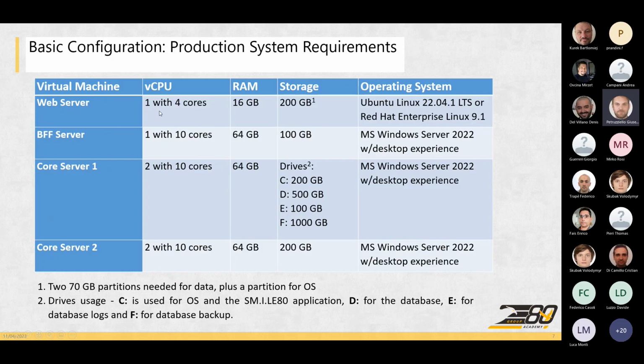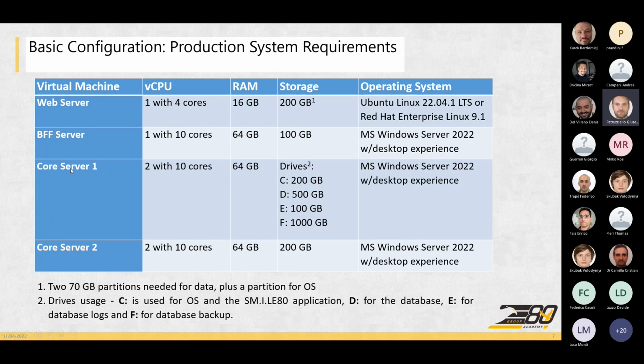About the resources, it's necessary to have at least one CPU with 4 cores, 16 gigabytes of RAM, and 200 gigabytes for the operating system, Docker containers, and the Minio part that we will see next. For the BFF server, we have Microsoft Windows Server 2022 edition with one CPU with at least 10 cores, 64 gigabytes of RAM, and 100 gigabytes of disk.